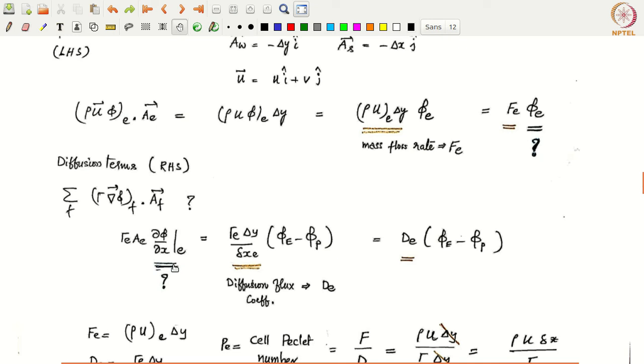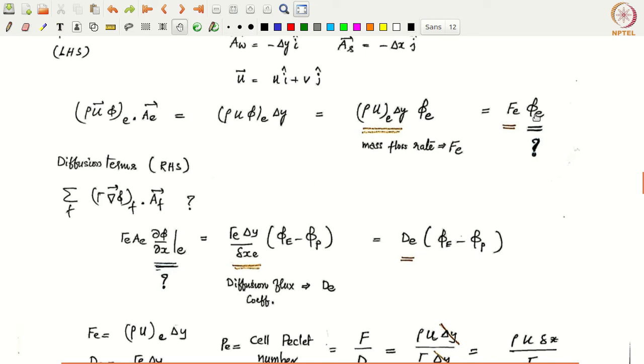So now what you can see is that for convection, we need to use a model to calculate the dependent variable itself, right? So for phi east itself, you would need an assumption, whereas for the diffusion terms, you would need an assumption for the gradient of phi. That is the difference between the convection and the diffusion terms.